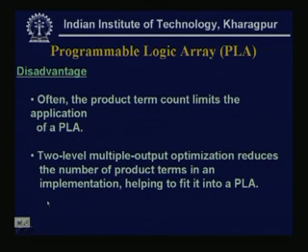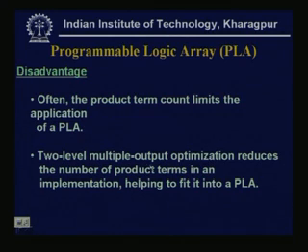Now, what are the disadvantages? Often the product term count limits the application of a PLA. If the product terms are big, or a very large number of product terms are needed, then it limits the application.